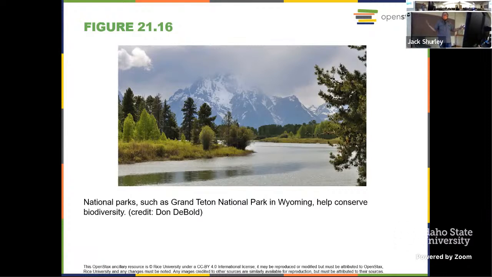When we think about reserves or preserves, national parks, it's habitat that is ensuring it will be there for future generations, that lends this diversity of populations that habitat, relatively untouched.